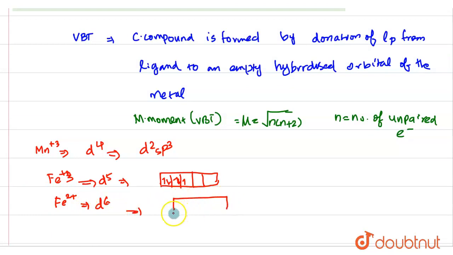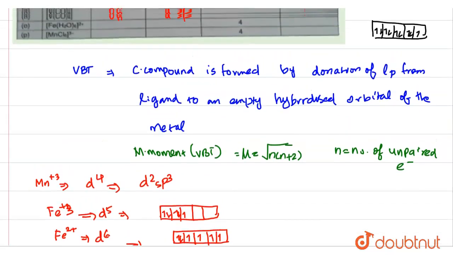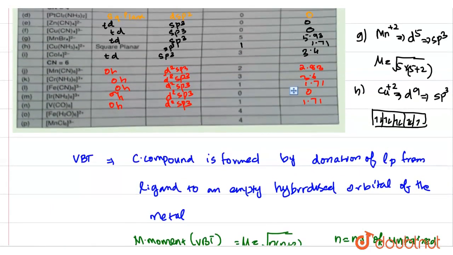So we need 4 unpaired electrons. 1, 2, 3. So let's draw the compound. So it will be like this. Here we have 4 unpaired electrons. So this would be the structure. So d orbitals are not empty. So we will have sp3d2 here.